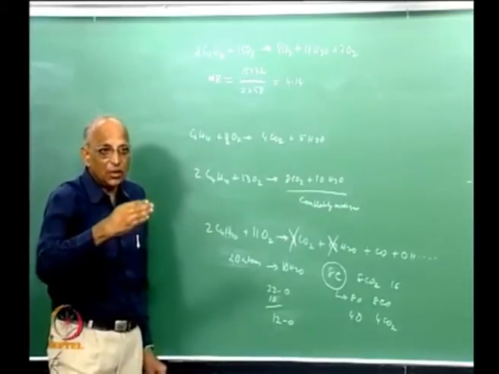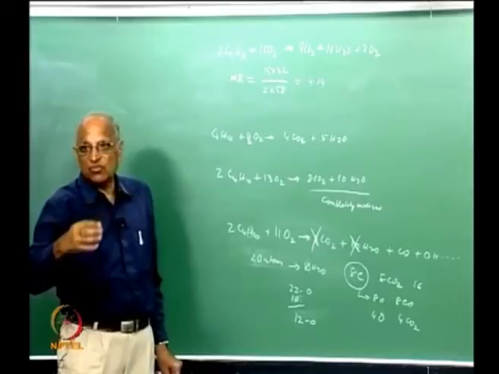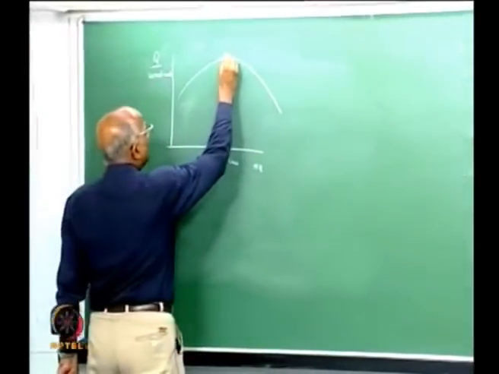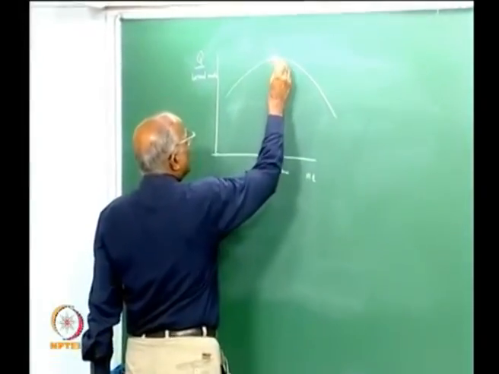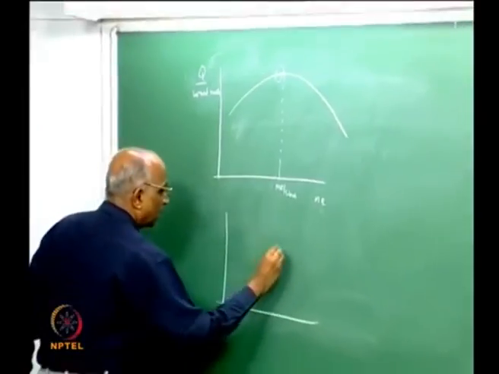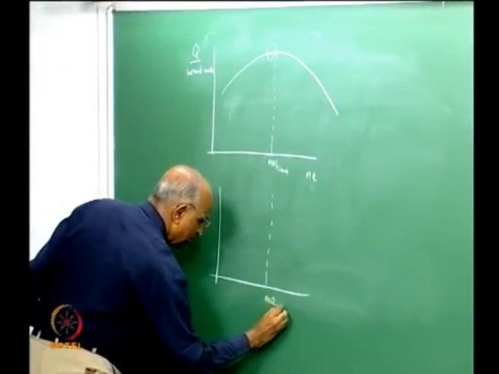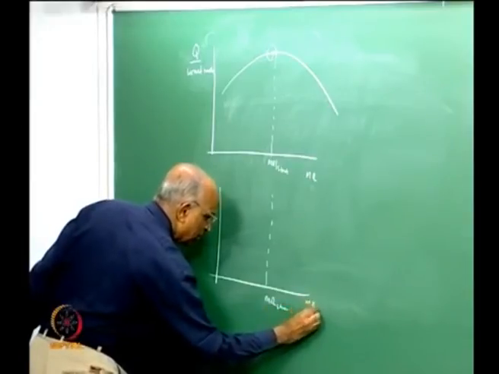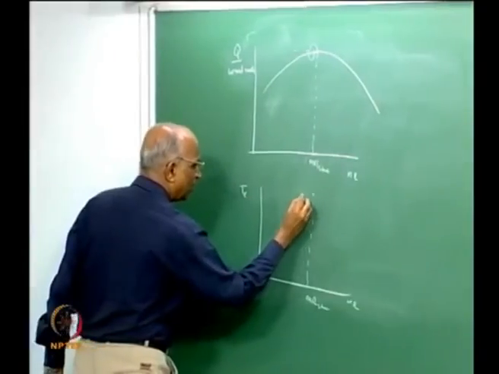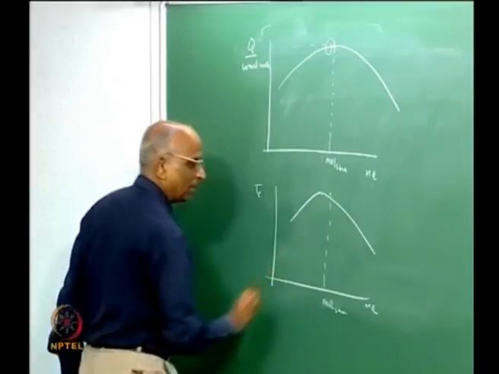That means as the species goes from diatomic to triatomic, the specific heat increases, and therefore we find that specific heat is slightly lower in this region compared to stoichiometry, and therefore if I plot mixture ratio, this is mixture ratio stoichiometry, and I am plotting Tc over here, instead of the maximum temperature happening at stoichiometry, it will occur at the fuel rich condition, and I will get some shape like this.